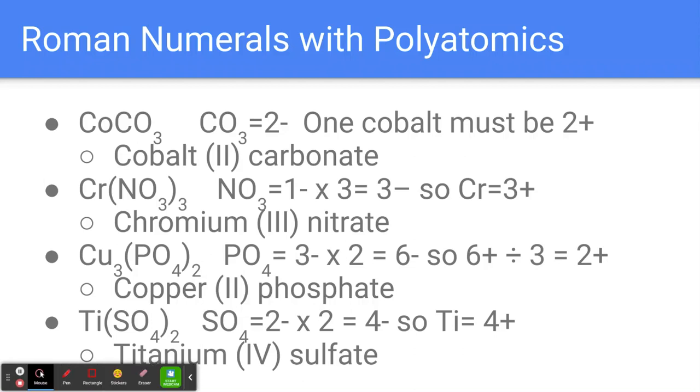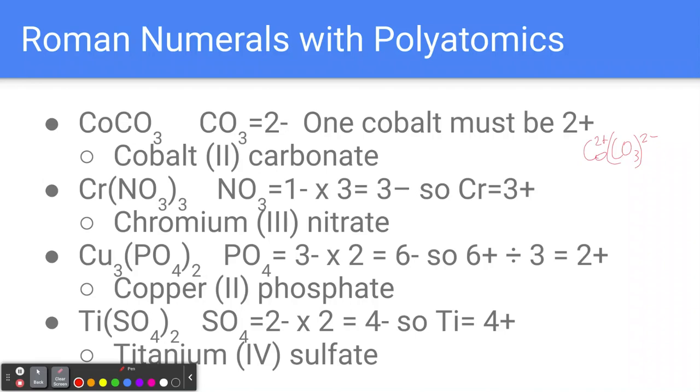So if we take a look here at what's happening, if we have cobalt carbonate, that carbonate has a 2- charge. Since there's only one cobalt, that cobalt here has to be a 2+. So remember, CO3 has that 2- charge. That means our cobalt has the +2. So cobalt 2 carbonate.